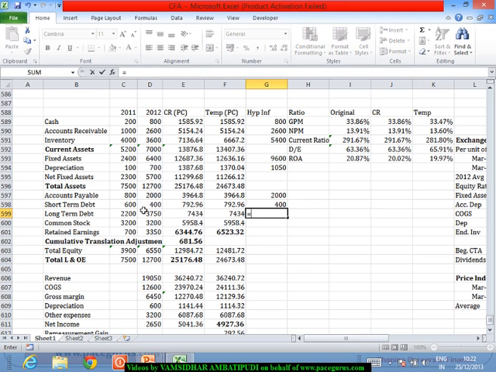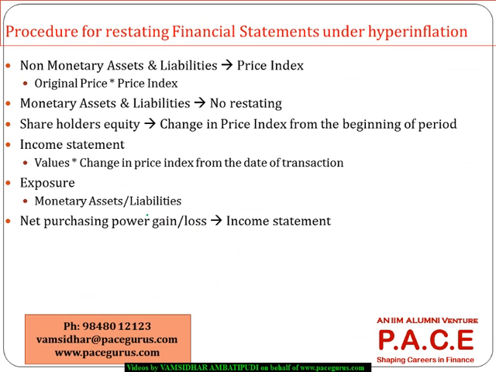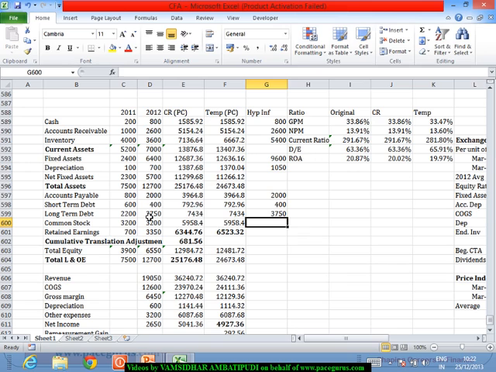All the monetary assets and liabilities, I don't even convert. For shareholders' equity, you also use the price index change, the same way I have done with the inventory. So these are the changes that come based on a hyperinflationary environment.